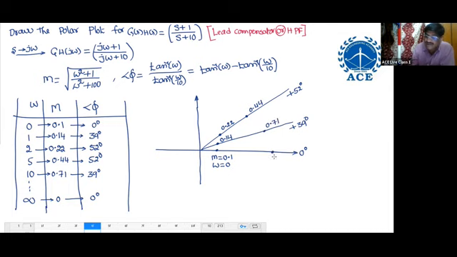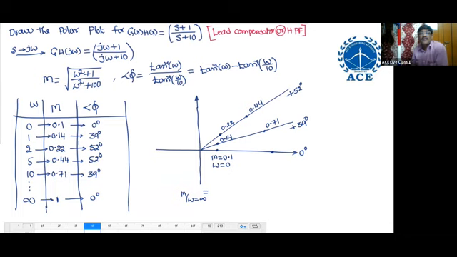At omega infinity, the magnitude is 1. Why? Because here the numerator order is equal to the denominator order. At omega infinity, if you substitute directly you get infinity by infinity, which is not defined. That's why you take omega common.